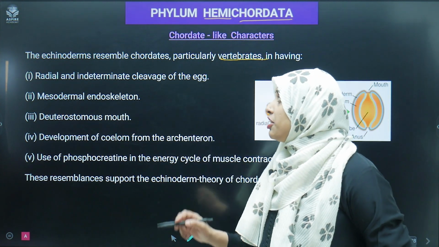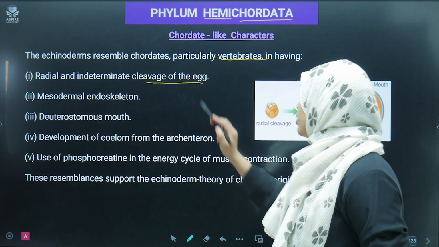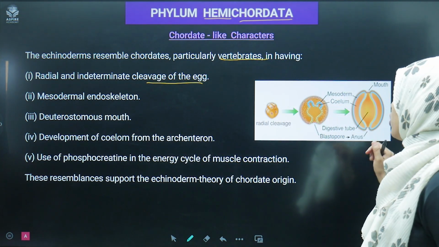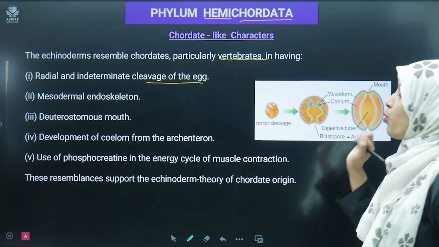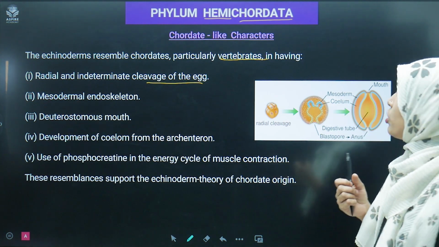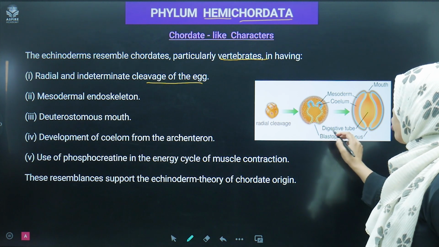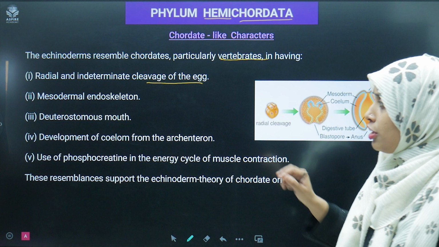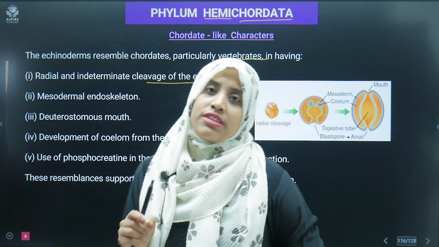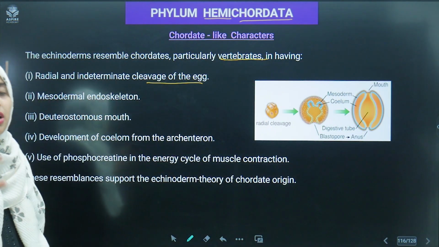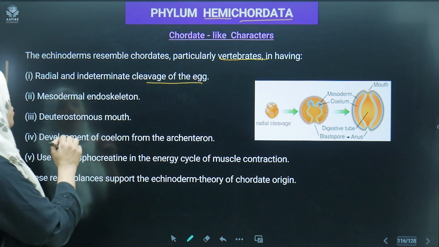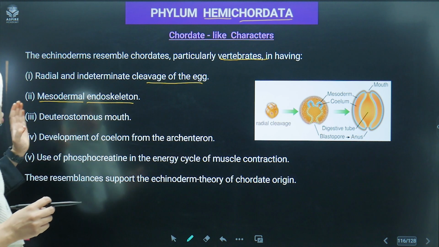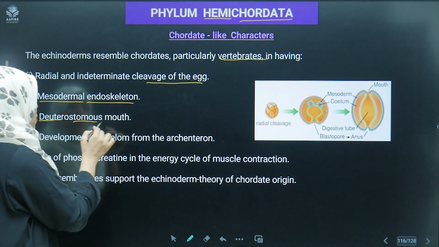Like radial and intermediate cleavage of the egg. Okay, radial cleavage is seen in the echinoderms. Mesoderm, coelom. How is the coelom? Of mesodermal origin. Okay, so a whole digestive system is there, with the blastopore becoming the anus. Then mesodermal endoskeleton. The endoskeleton we studied in echinoderms is of mesodermal origin. Okay, so deuterostomous mouth.